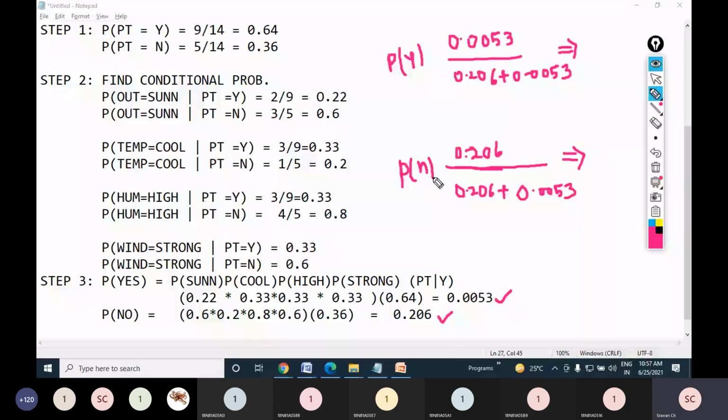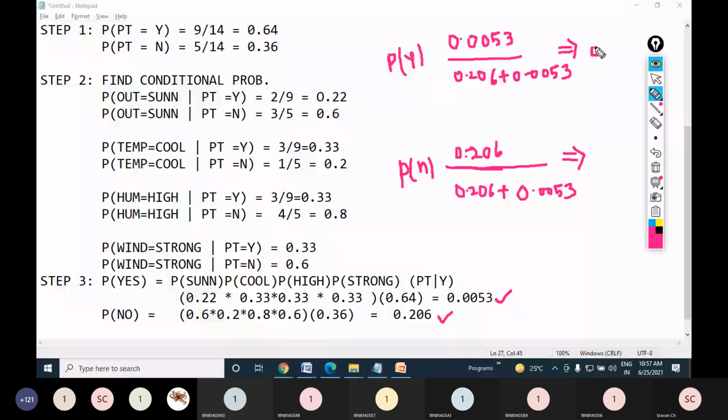It comes to 0.2113, right? Now 0.0053 divided by 0.2113 is 0.025. Is it correct? Can anybody cross check this one?